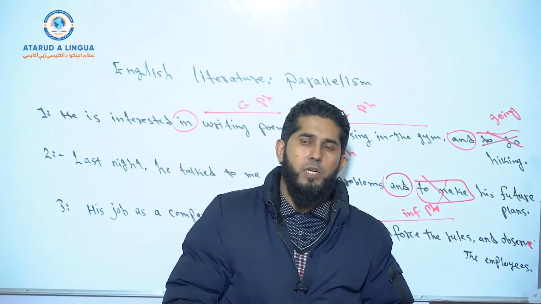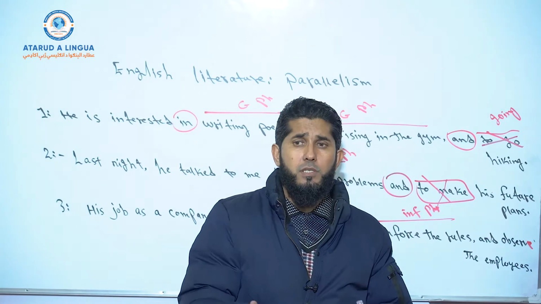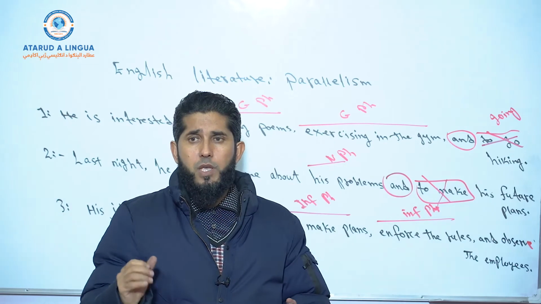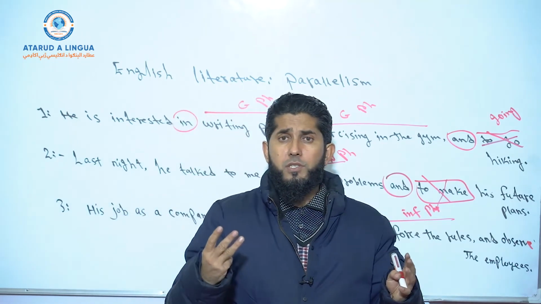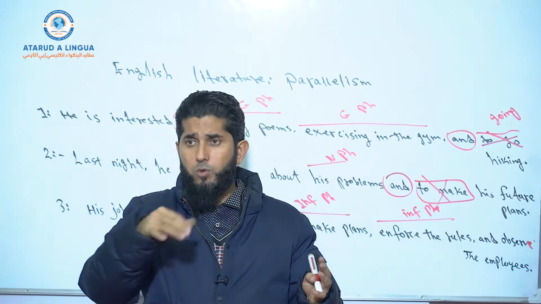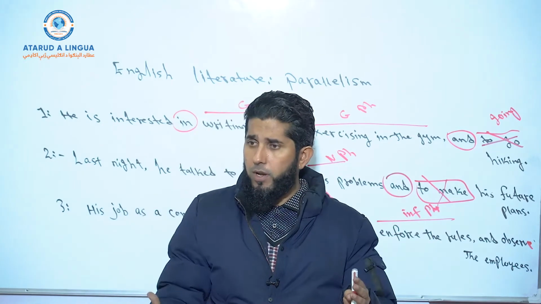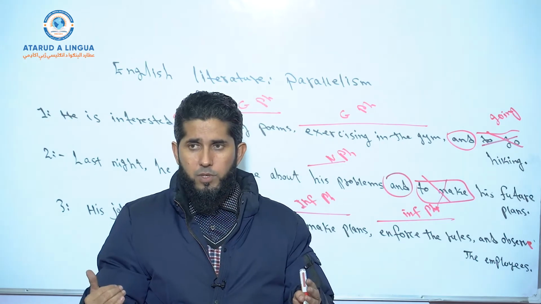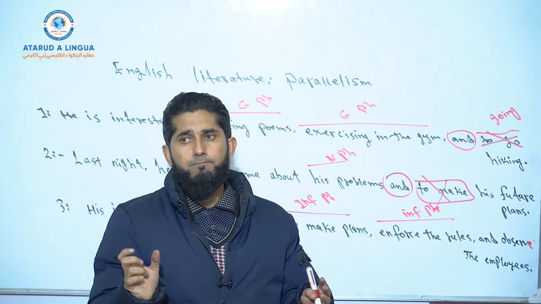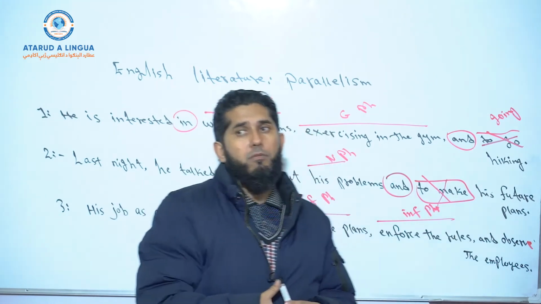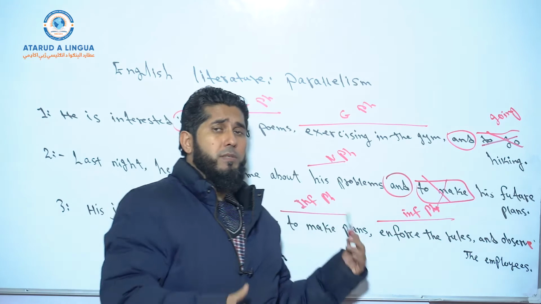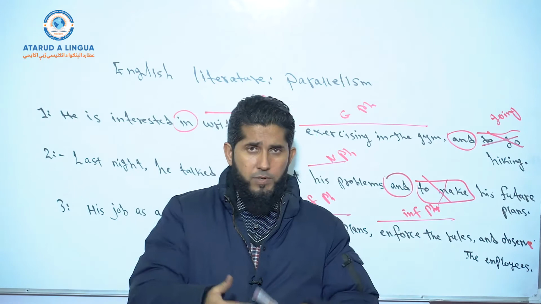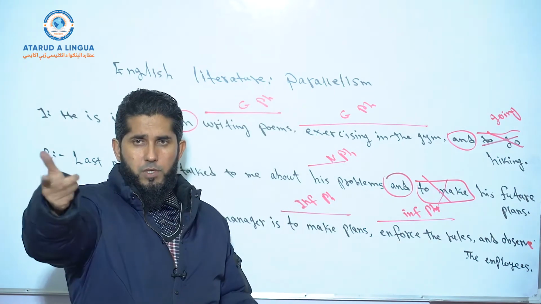Your responsibility is to do the exercises and correct all of those sentences or choose the correct option. For example, there are 3 sentences and one of them is correct according to parallelism, and the others are not. So you choose the correct option. I hope this much is enough. If you have any questions about parallelism, feel free to ask, even during the video, while recording the video.